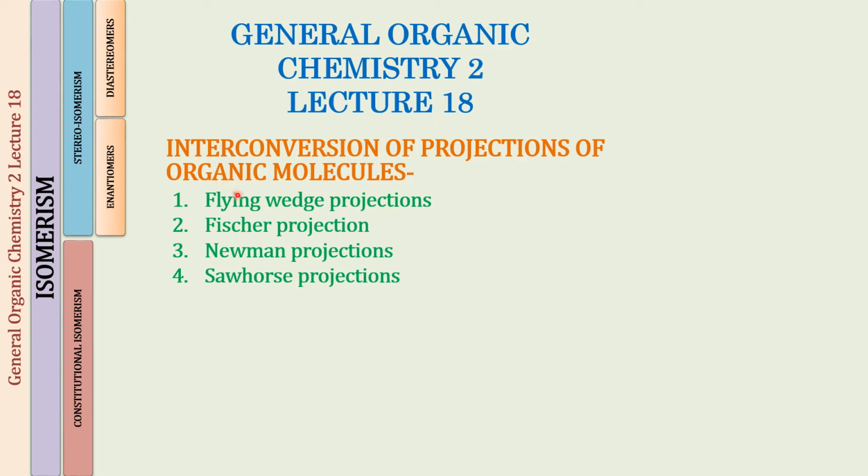A flying wedge projection gives us a quick way to understand how the groups of atoms around a chirality center have been arranged in space. So this gives us a three-dimensional representation of organic molecules. Although these are two-dimensional representations, they find their own use in the study of organic chemistry. So you should know all of them, and you should be able to convert one into the other.